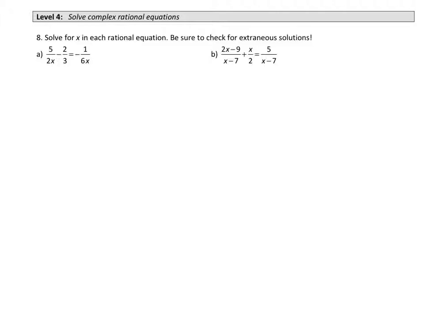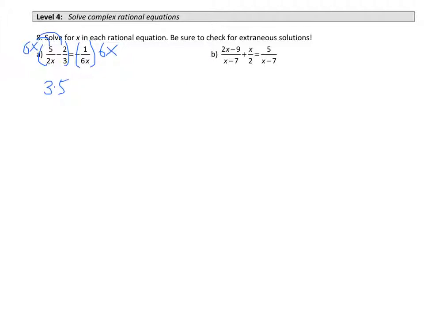The least common denominator in this first example of 2x, 3, and 6x would be 6x. So I'm going to multiply both sides of the equation by 6x. And when you multiply this first side, we distribute the 6x. 6x divided by 2x would give me 3, so I get 3 times 5.